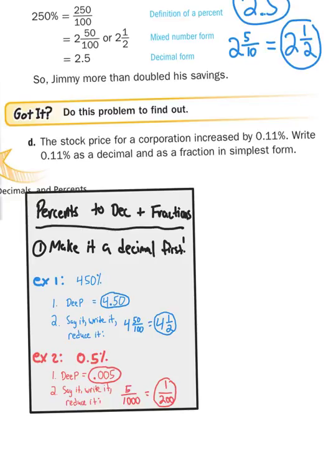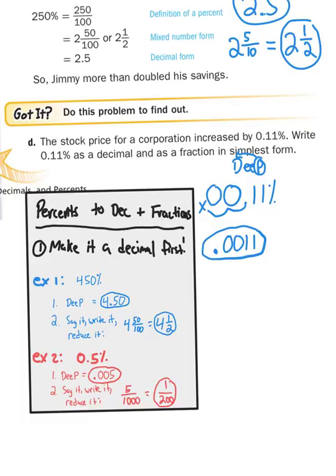Okay, let's see how you did. So I'm going to write my percent down. So it's 0.11%. And remember, deep says to change a percent to a decimal, you go twice left. So if I add a 0 and go twice left, my decimal becomes 0.0011. That's my decimal. Now for my fraction, I say it, write it, reduce it.